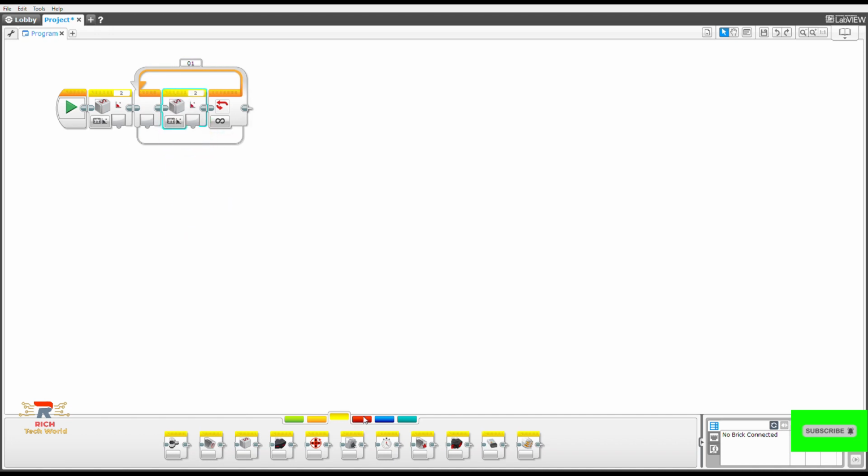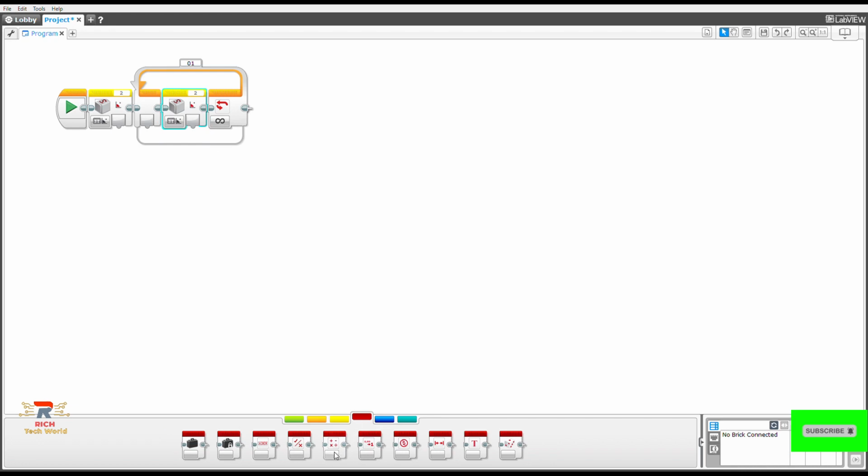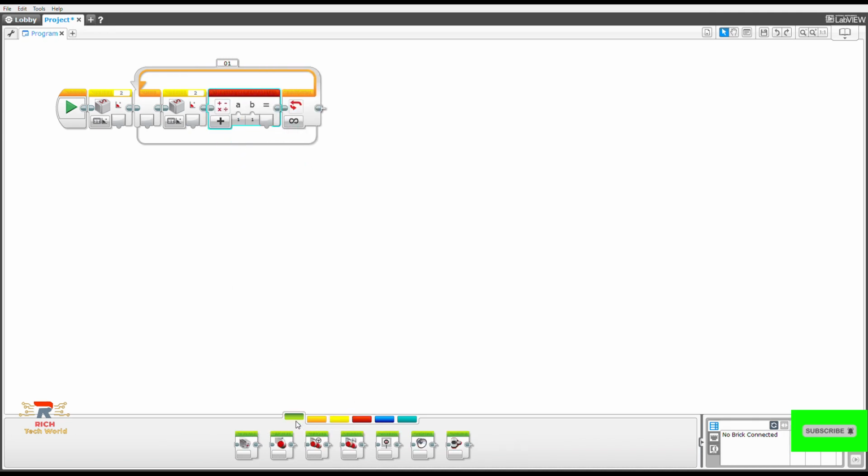We go to the data operations and pick a math block. Then the last block is going to be the move steering block.